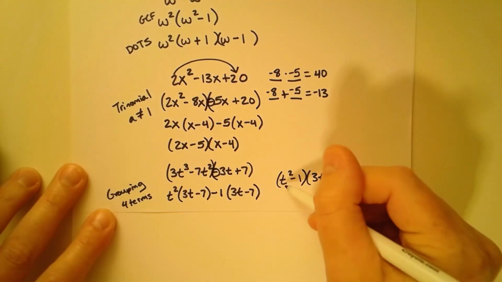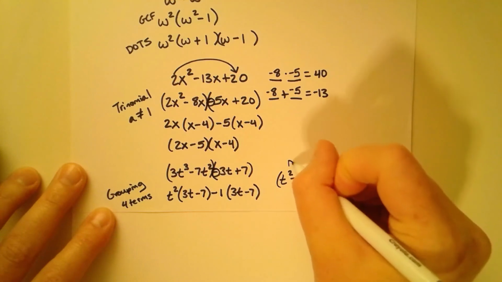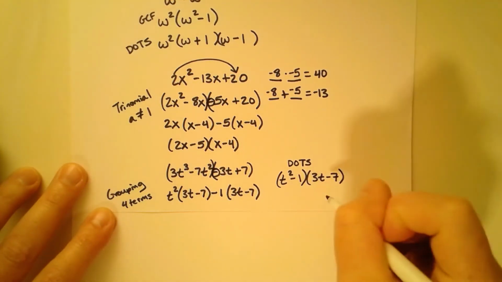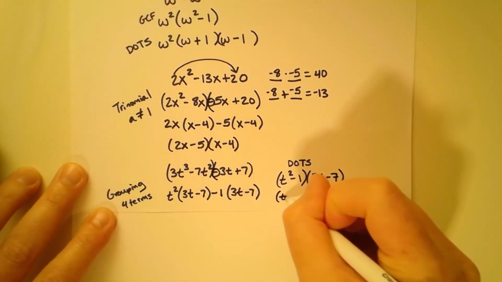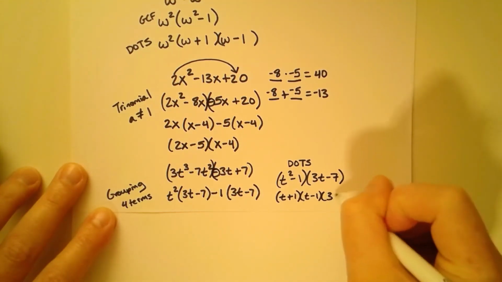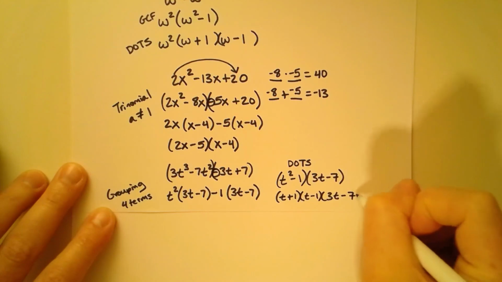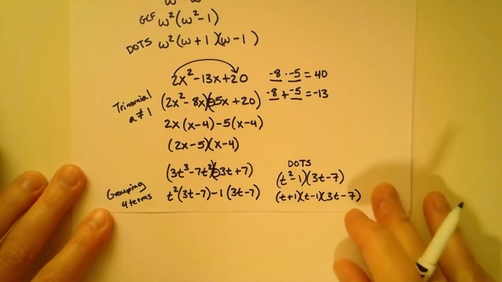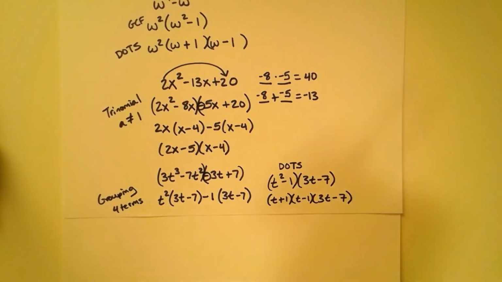But notice I have t squared minus 1 right here, which is a difference of two squares. So we would need to factor a little further and put t plus 1, t minus 1 for that first factor. So sometimes you have to use different types of factoring within the same problem to get it to be factored completely. But hopefully this is a quick review of multiple types of factoring.